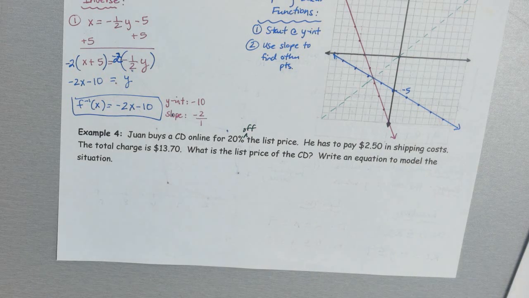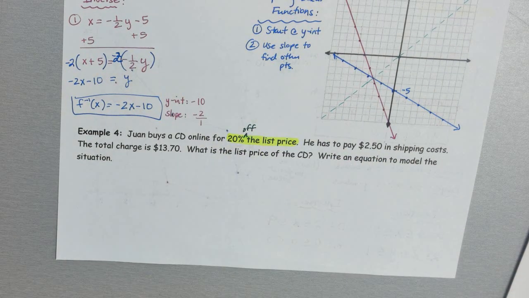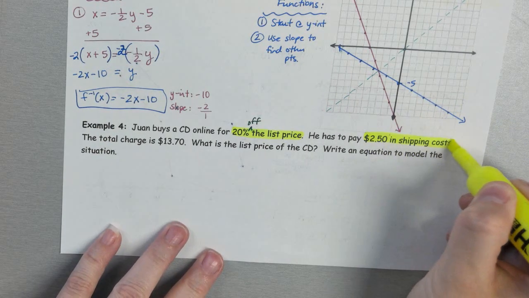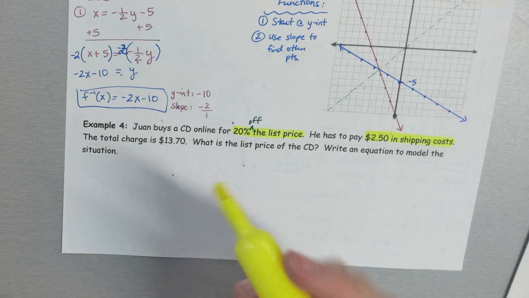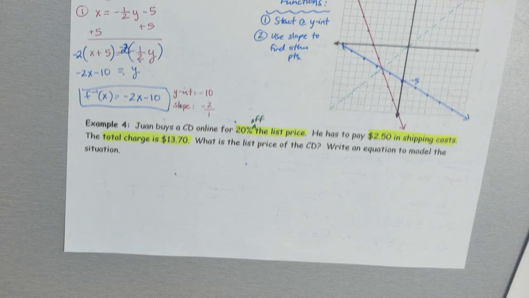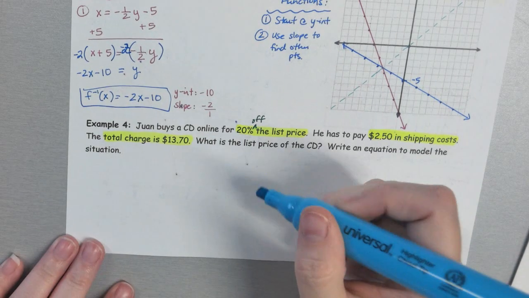Not 20% of the list price, because that would be different. He also has to pay $2.50 in shipping costs. So the total charge is $13.70. What we're going to try to find is the list price of the CD.